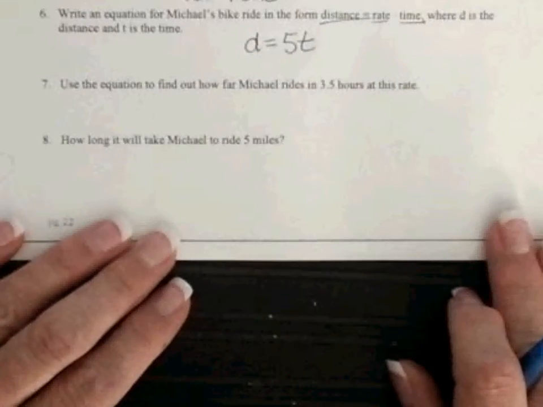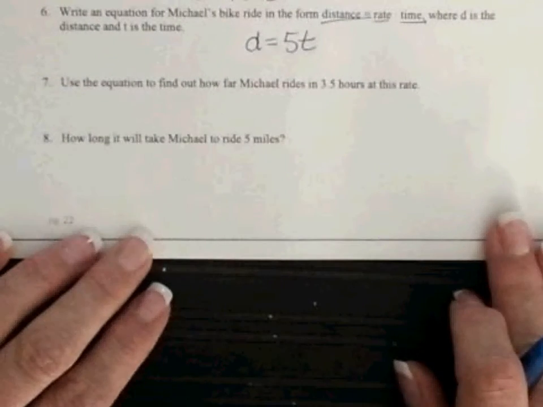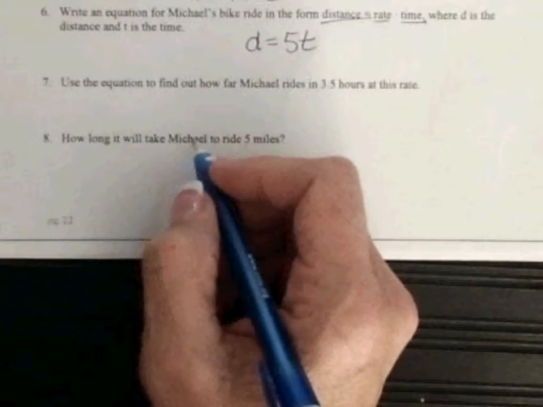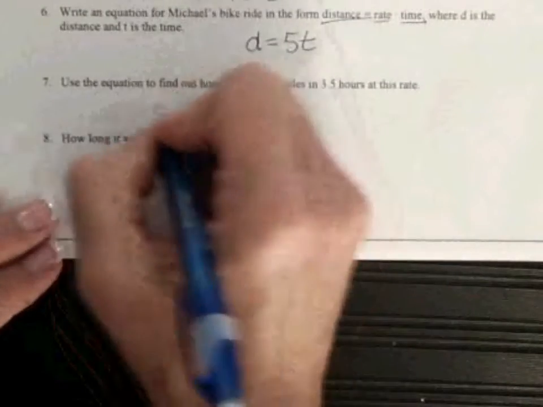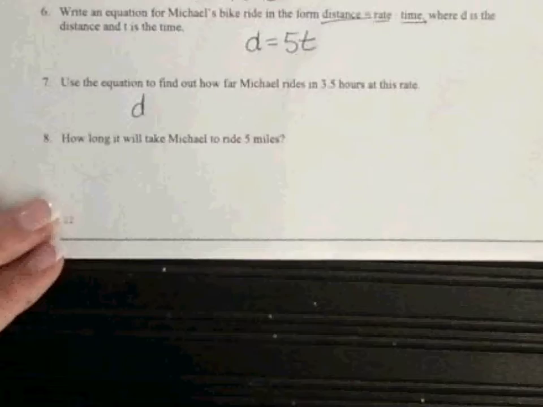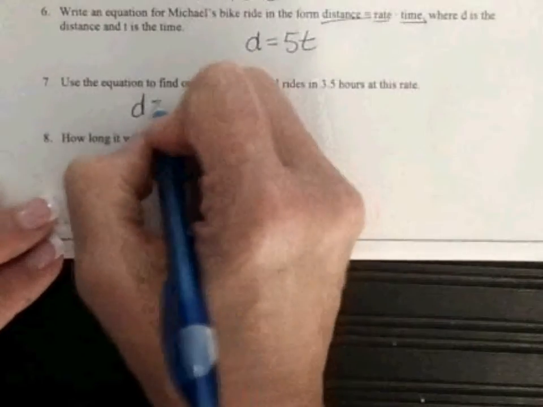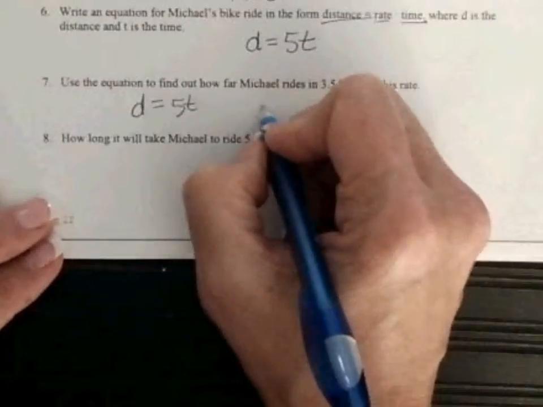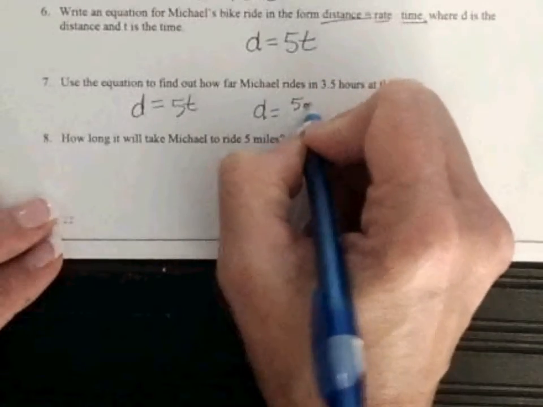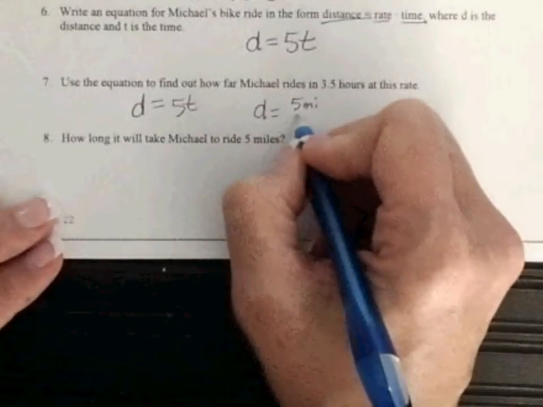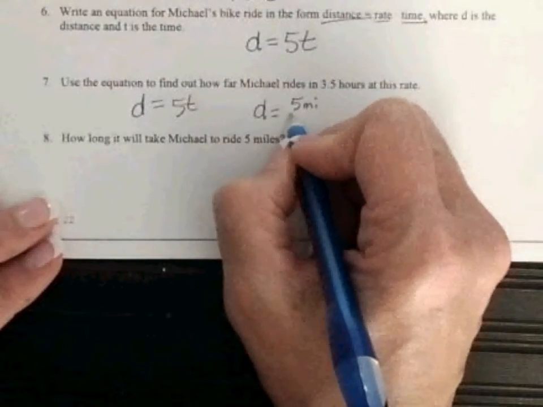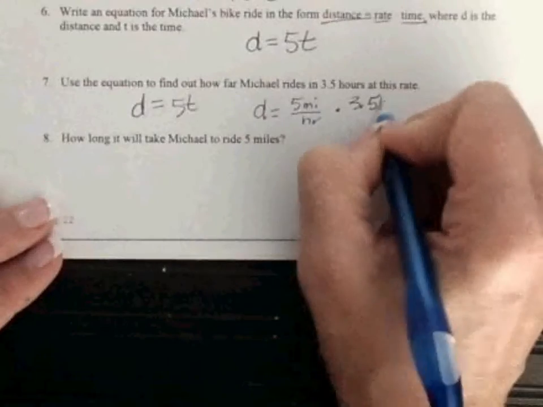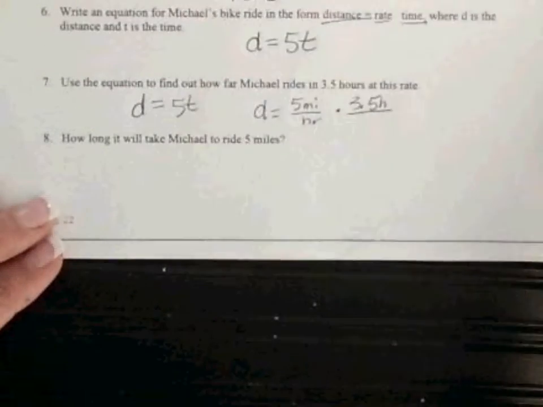So use the equation to find out how far Michael rides in 3.5 hours. So we can just plug it in. We're looking for D, a distance, so that's going to stay the same. So we're using that equation. D equals, I'm going to write it like this just so you don't have to write it like this every time.